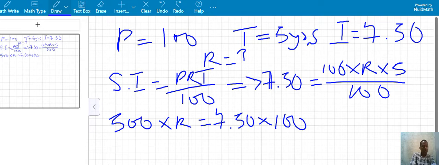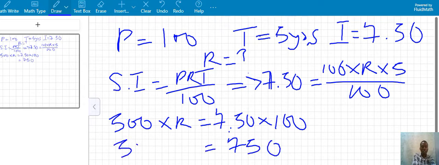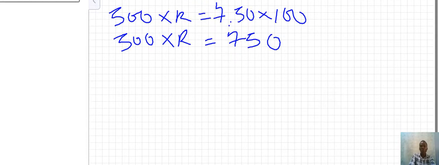Now 7.50 times 100 is just the movement of the decimal point. That will give us 750. And this will be equal to 500 times R. Hope you are following. So we'll make R the subject of formula.